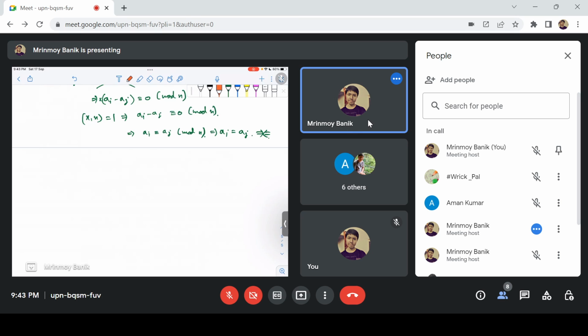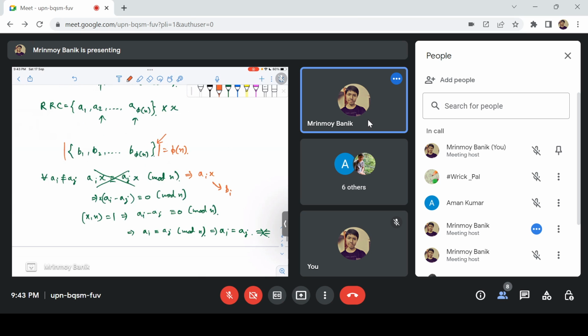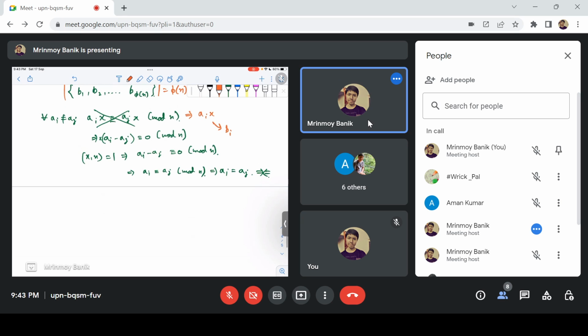So see, suppose AIx is congruent to some AJ mod n. What does that imply?